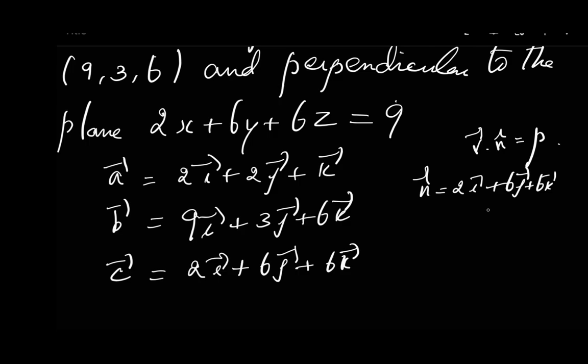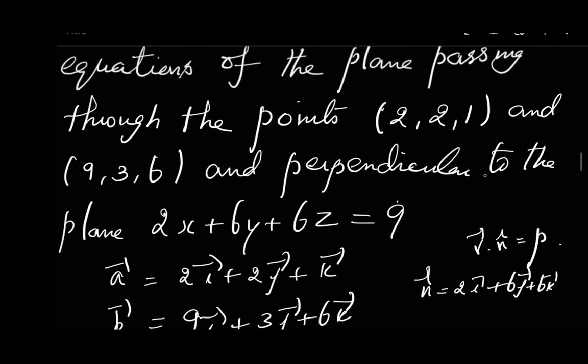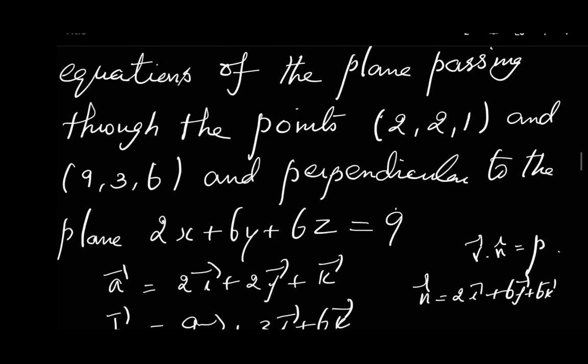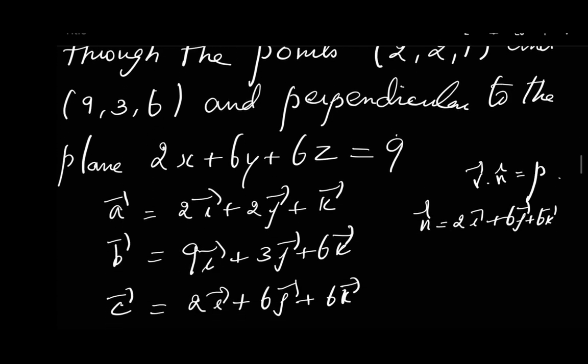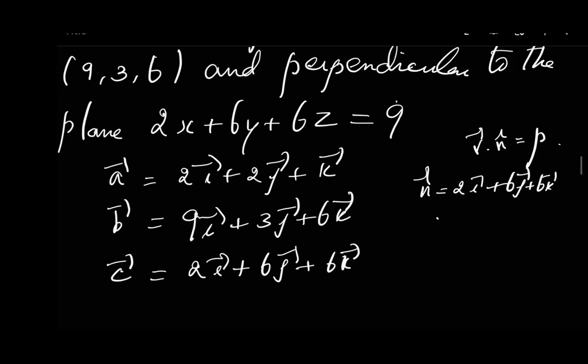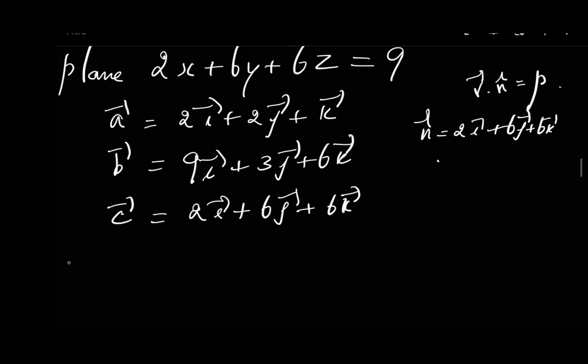Since this is the normal vector perpendicular to this plane, and these two planes are perpendicular, therefore this normal vector becomes the parallel vector of our required plane. So first let me take the parametric form.